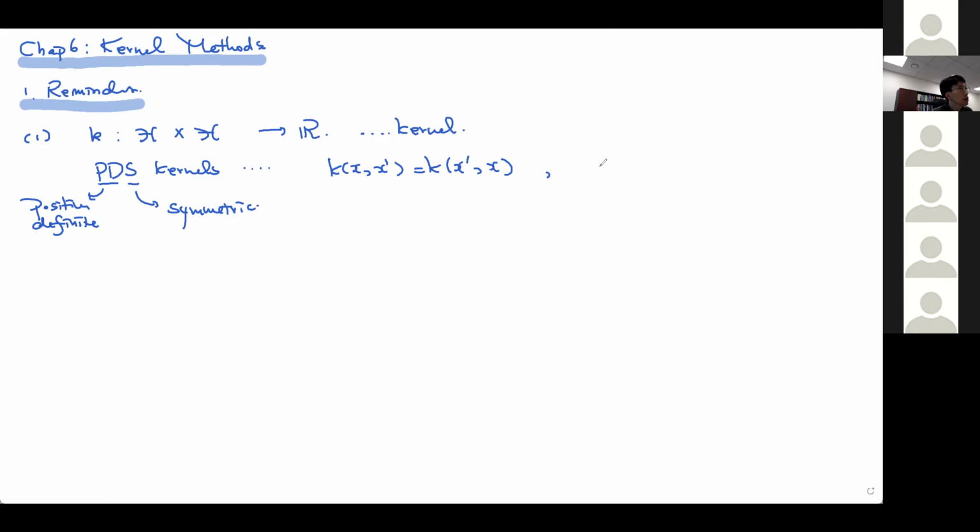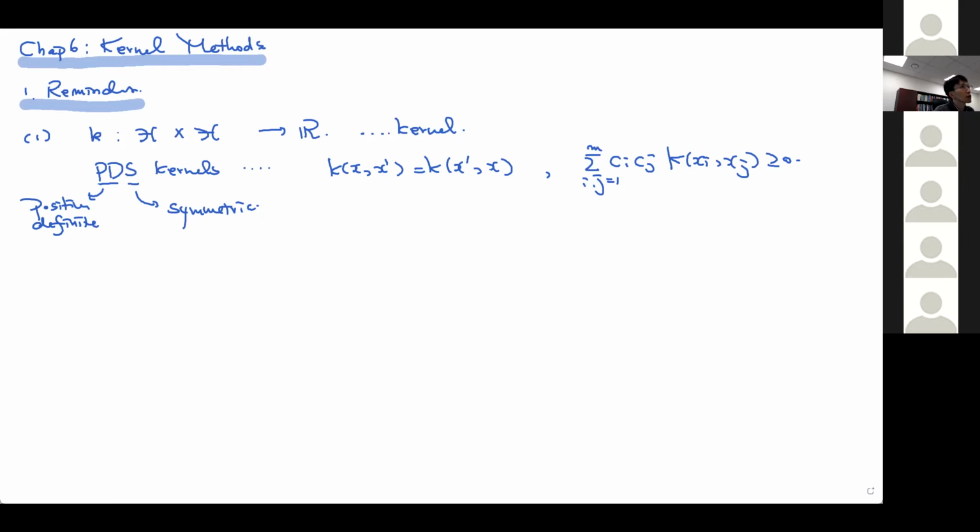The second, positive definiteness, is this condition: for any real c_i, where i, j is from 1 to m, the sum of c_i c_j K(x_i, x_j) is greater than or equal to 0. So this is closely related to saying that K behaves like an inner product.